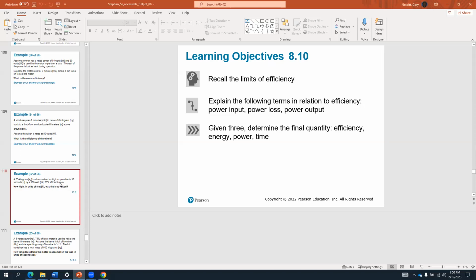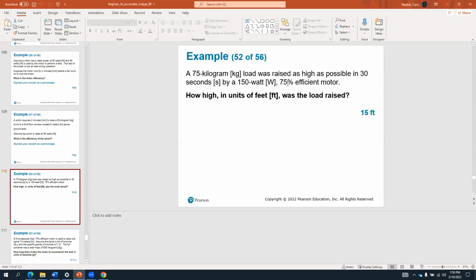So like this example here, not going to work. It's giving you the efficiency. It's giving you the time. And this one is actually asking you how, in units of feet, the load was raised. So this is actually asking you the output, not from an energy standpoint, but basically solving for the distance using force and work. I guess since I've got it up, we could solve it. All right, so what they're asking for is how high in units of feet was the load raised?